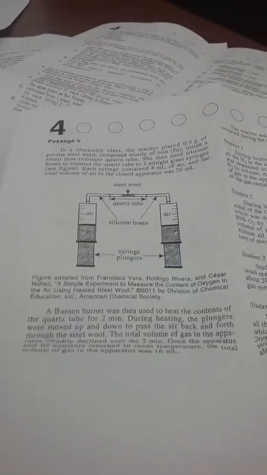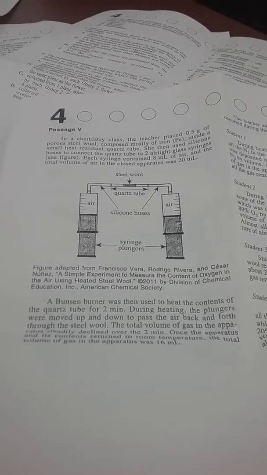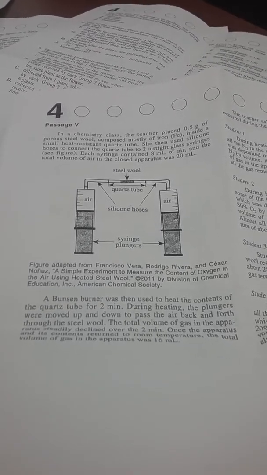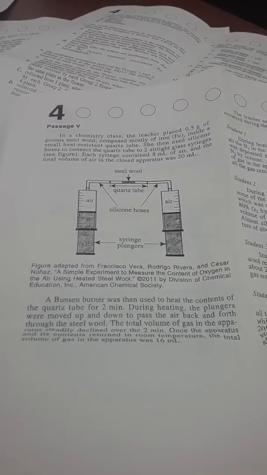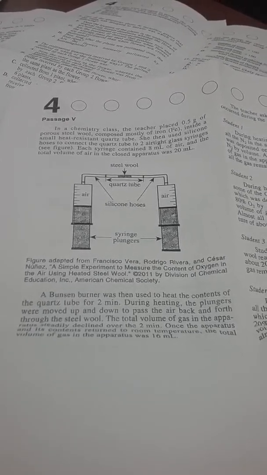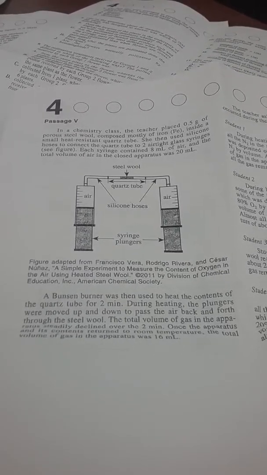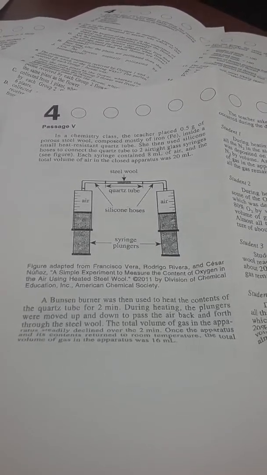A Bunsen burner was then used to heat the contents of the quartz tube for 2 minutes. During heating, the plungers were moved up and down to pass the air back and forth through the steel wool. The total volume of gas in the apparatus steadily declined over the 2 minutes.